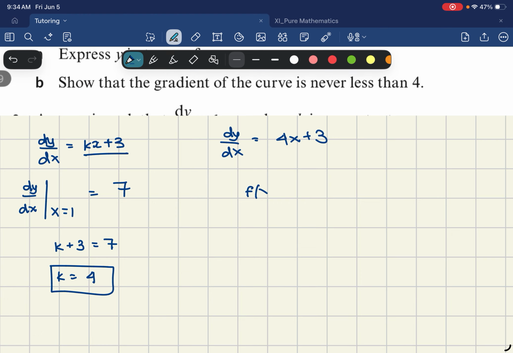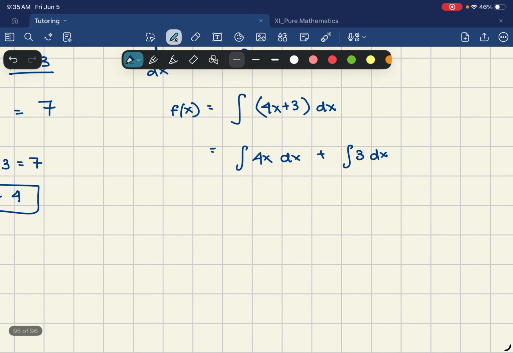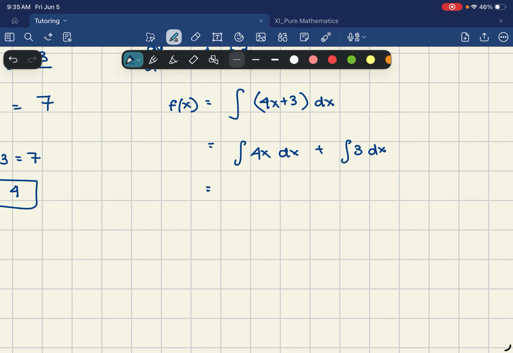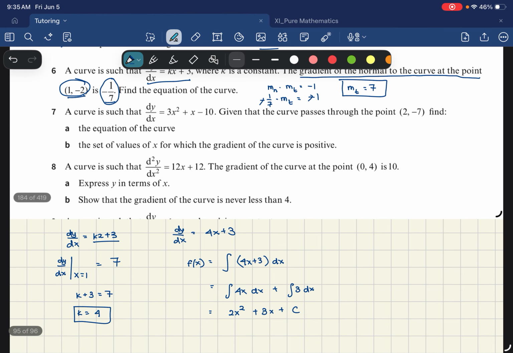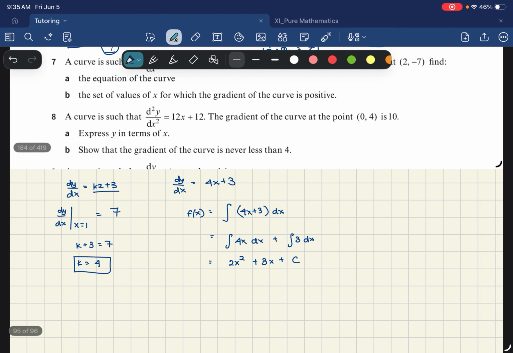So f of x is going to be the integral of 4x plus 3 with respect to x. That is the integral of 4x dx plus the integral of 3 dx. I'm going to leave the integration to you, but you should be getting 2x squared plus 3x plus c. Now that we have the integral, we are also given a point, 1 comma negative 2.